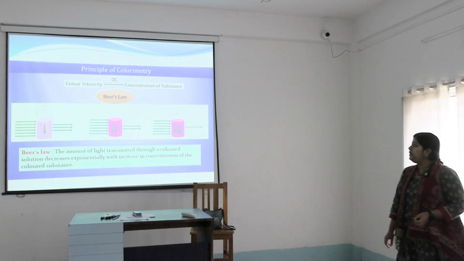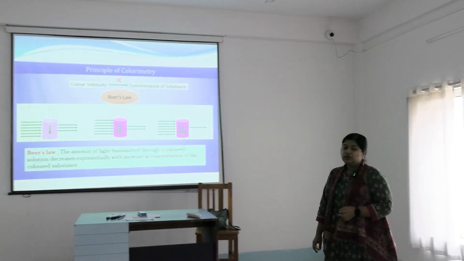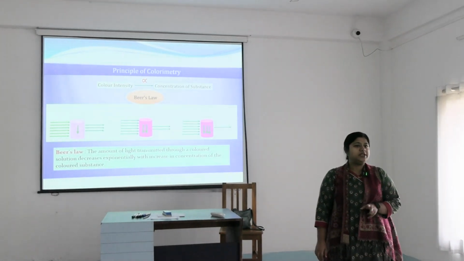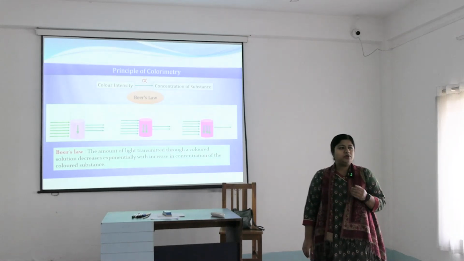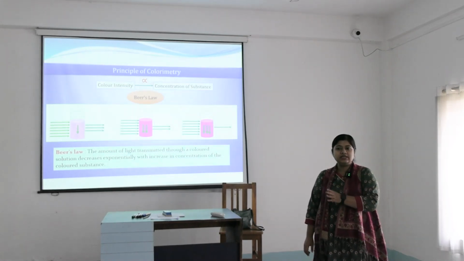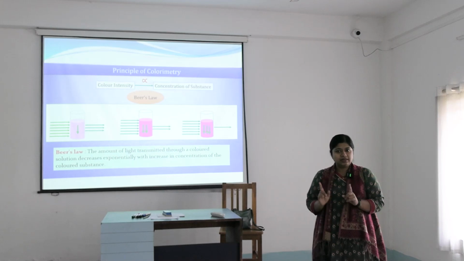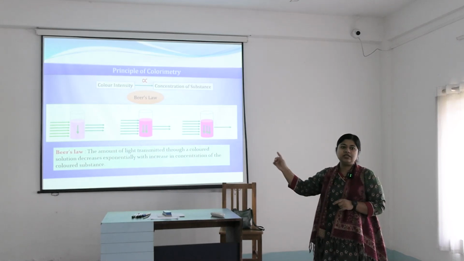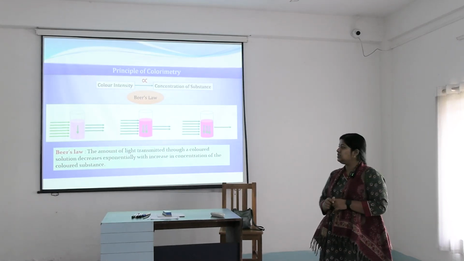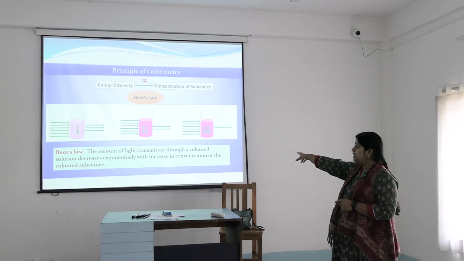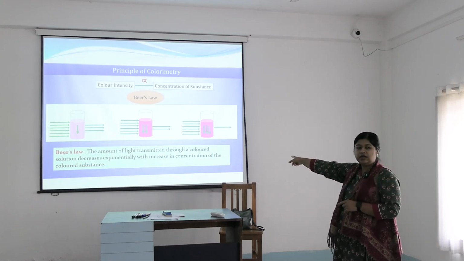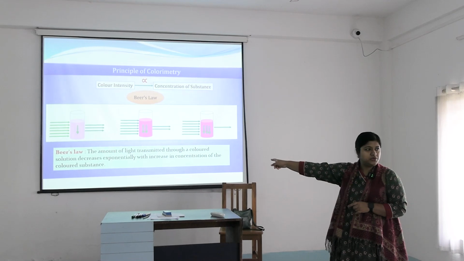Now coming to the laws. There are two laws of photometry, Beer's law and Lambert's law. How to remember? Lambert's law deals with path length, and Beer's law deals with concentration of the substance. Can you see here three test tubes, they have different color intensity of the solution.